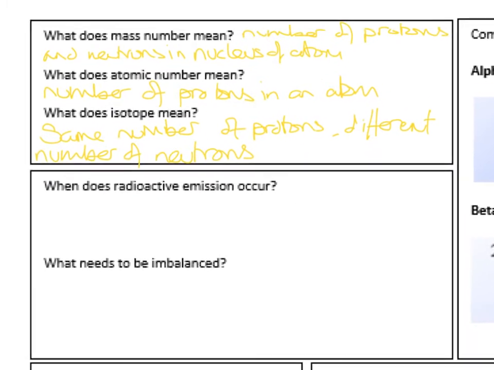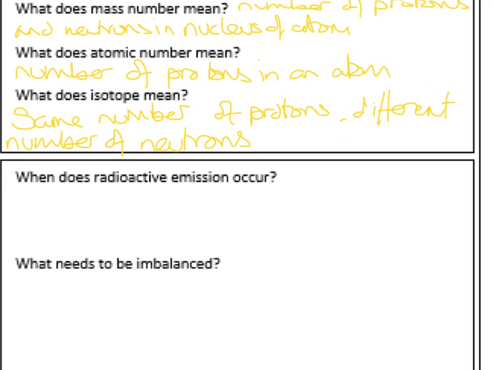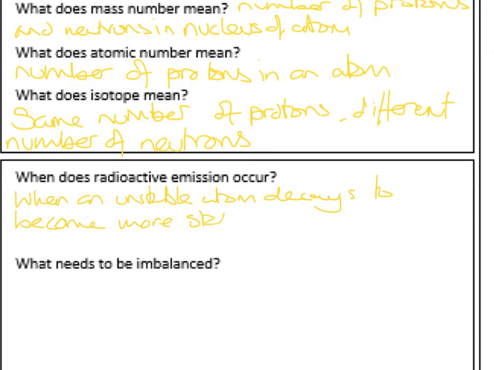Okay, so when does radioactive emission occur? Okay, so that's when an unstable atom decays to become more stable. Okay, another way of saying that is when there's an imbalance between the protons and neutrons.